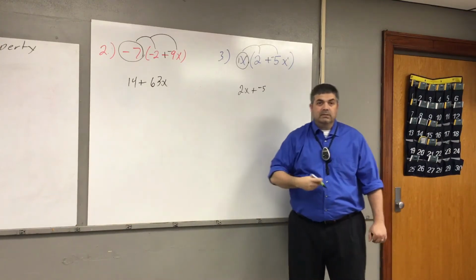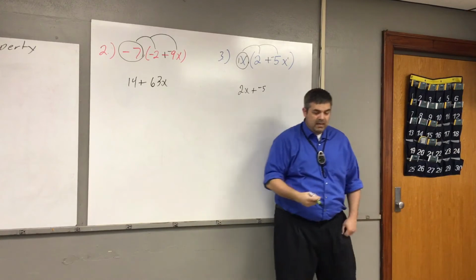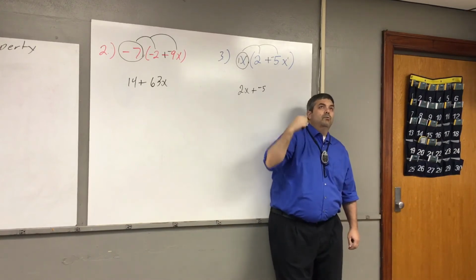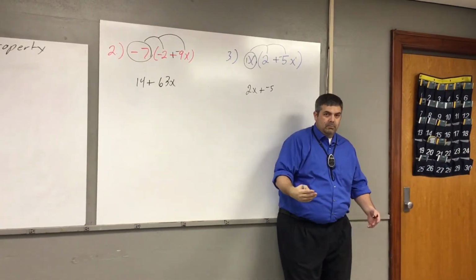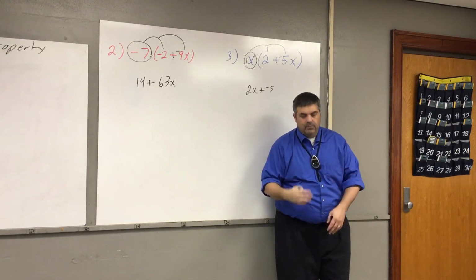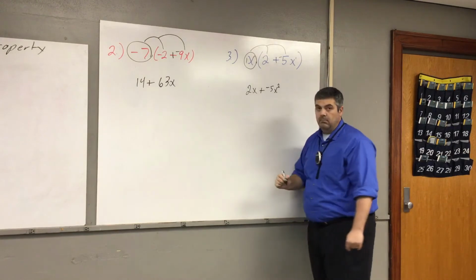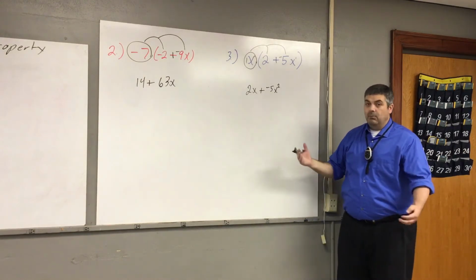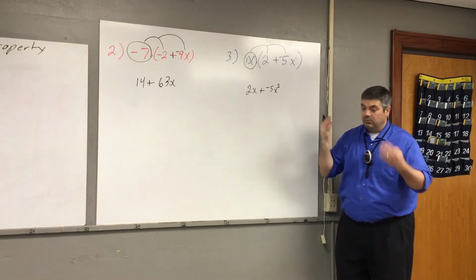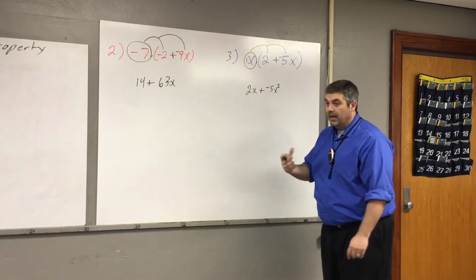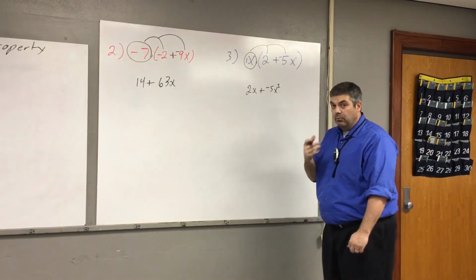Product of power states that whenever the bases are the same, you add the exponents when you're trying to multiply. So that's what we're going to do. Add the exponents. X to the second. I warned you that those exponent rules are going to come back to you. You got to pay attention and watch them. You got to know them. So product of power, that's what we're using right here.